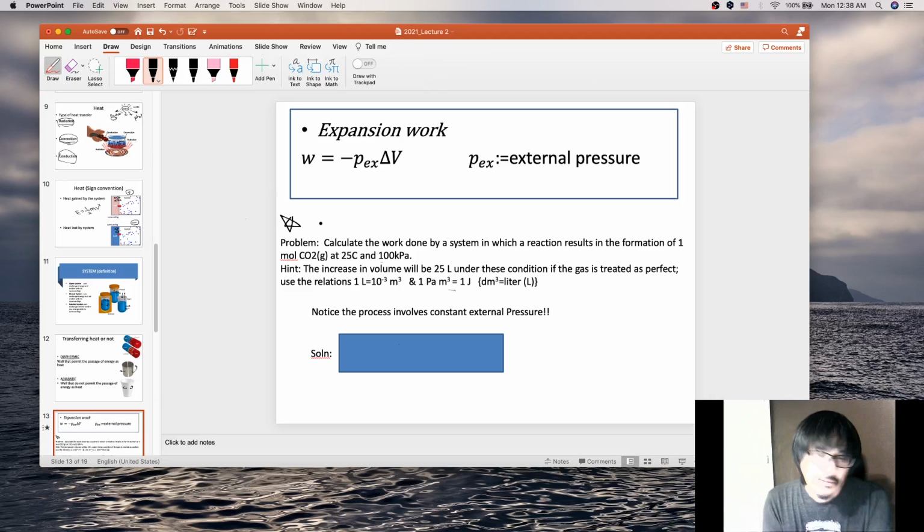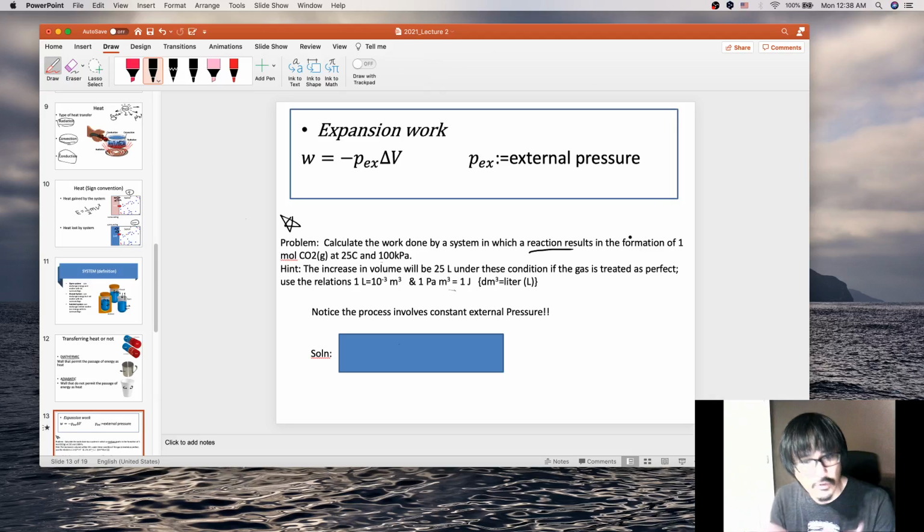Alright, so you probably solved this problem already. So let me just go over some important steps right here. We are considering the reaction which increases the number of moles of gas by 1 mole, right?